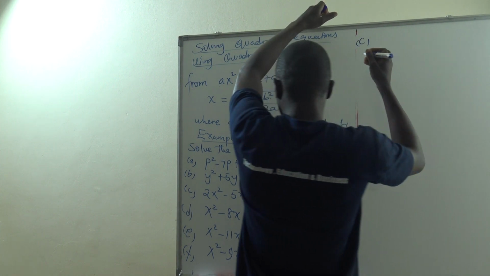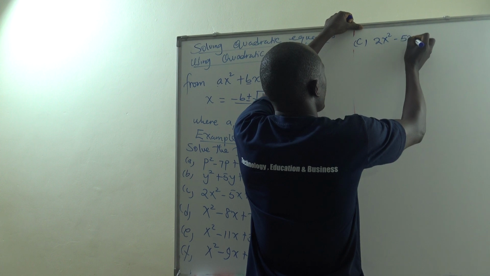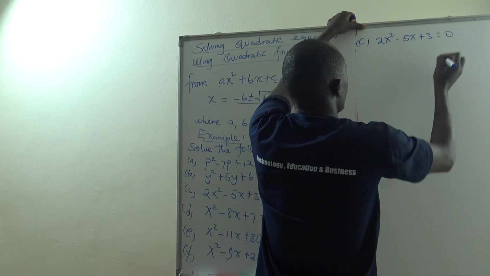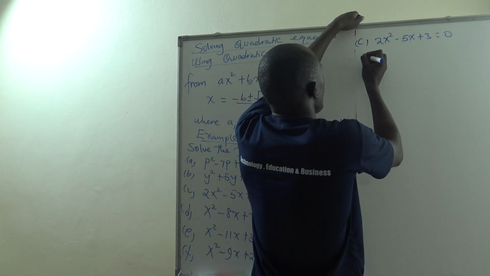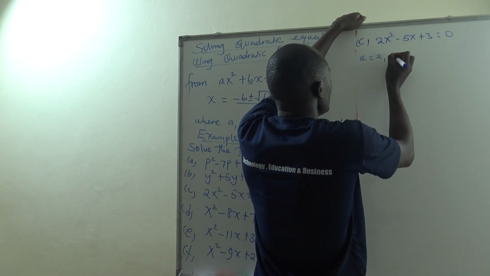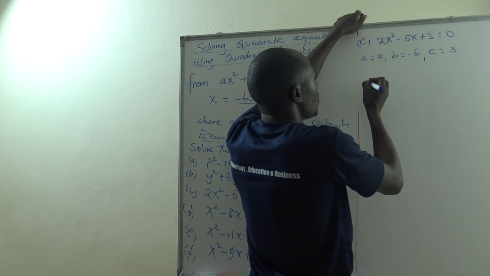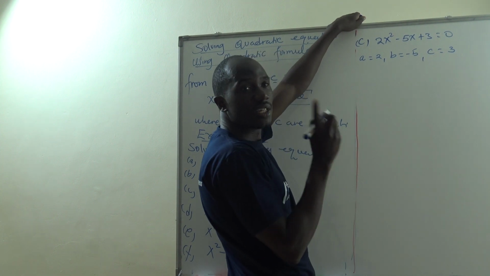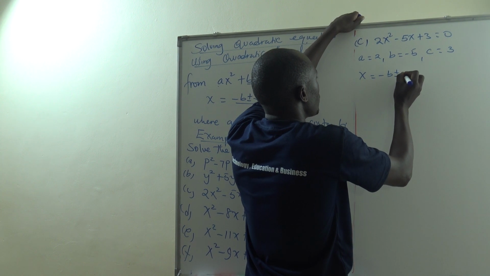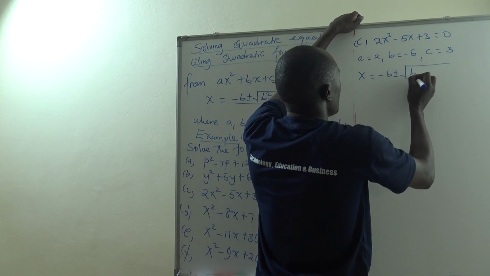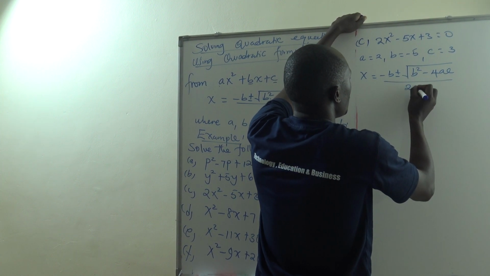Part C goes 2x squared minus 5x plus 3 equals 0. Still comparing with ax squared plus bx plus c, we come out with a equals 2, b equals -5, and c equals 3. So we write our quadratic formula in terms of x: x equals -b plus or minus root of b squared minus 4ac, all over 2a.